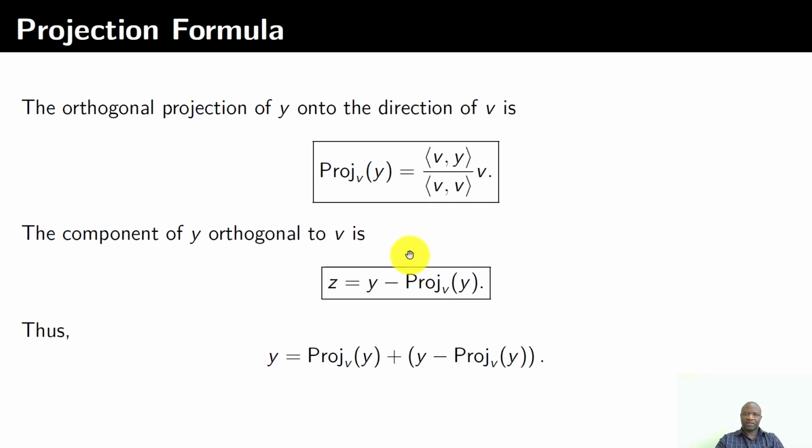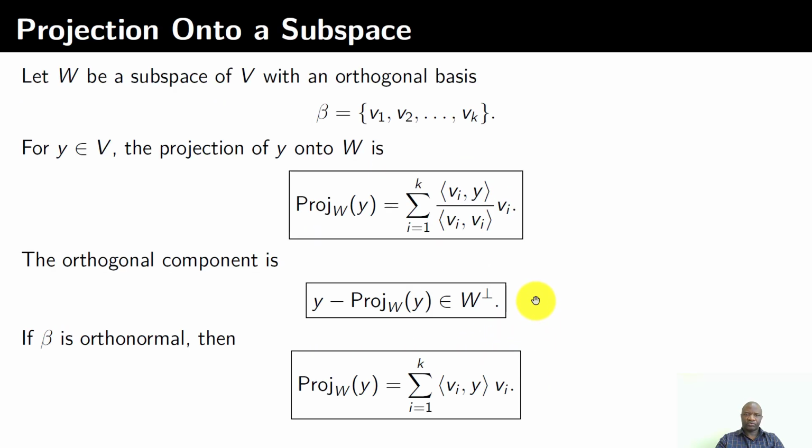So you can say z is equal to y minus the projection of y onto v. So else you can write y is the projection of y onto v plus y minus the projection of y. This is y.